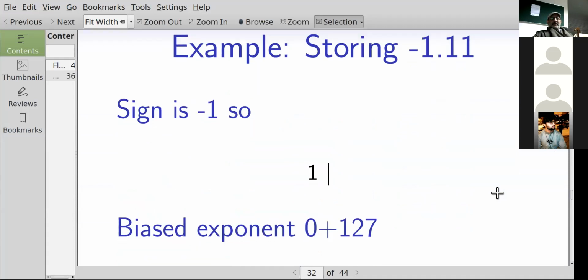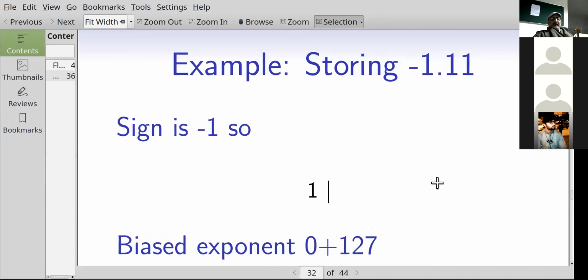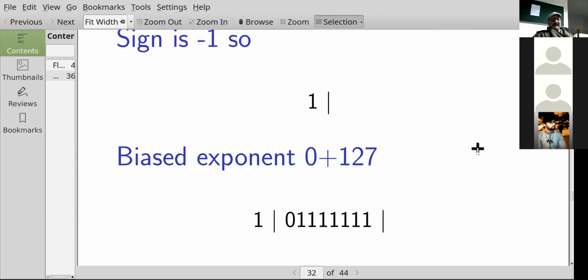So if I want to store -1.11 in binary, the minus is a sign, that's in the sign bit, put a 1. Now, the biased exponent: this 1.11 is not being multiplied by 2 to the 0. So the way to store 0 with a bias of 127 is to store 127.